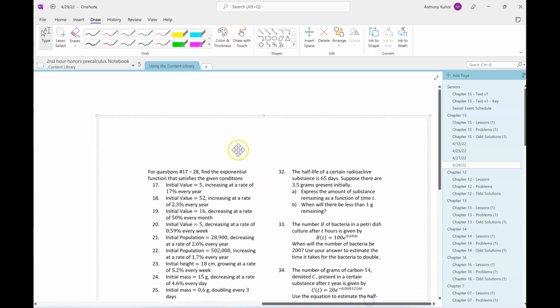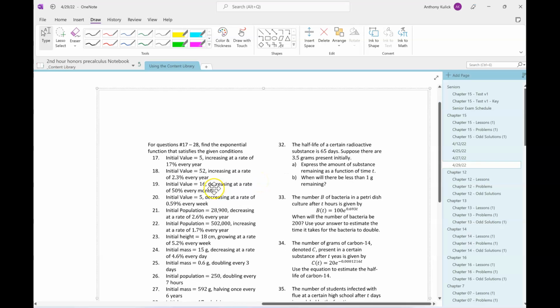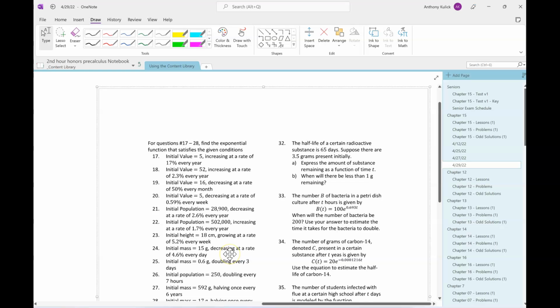So it says for 17 to 28, find the exponential function that satisfies the given equation. So this looks to be a population to me. So that's my population model.